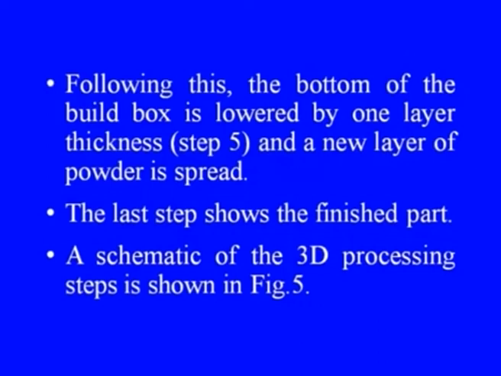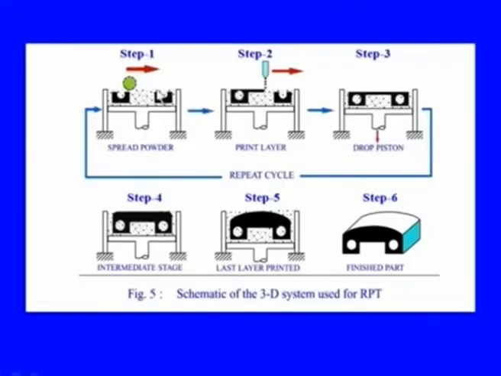The last step shows the finished part. A schematic of this is shown in the figure. So, this is the figure on the screen. This is where the powder is being sprayed, then liquid is being placed, and then this is the drop piston.